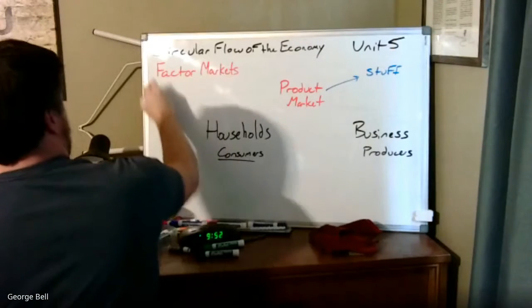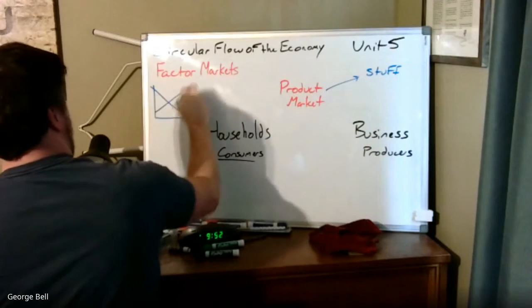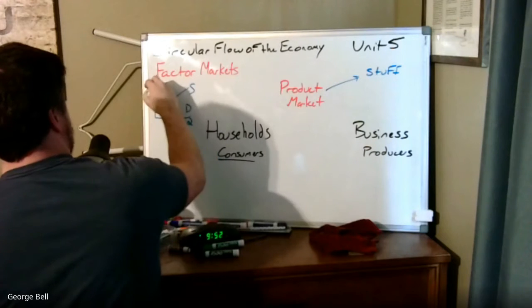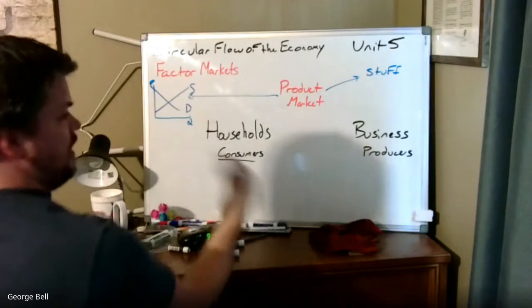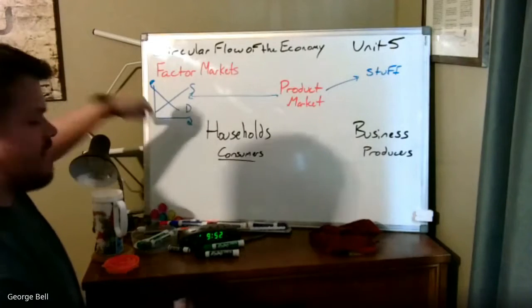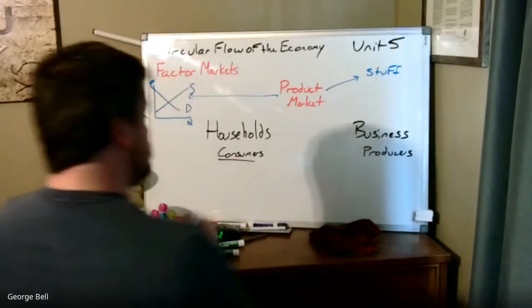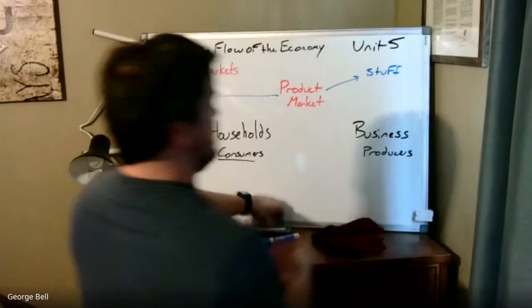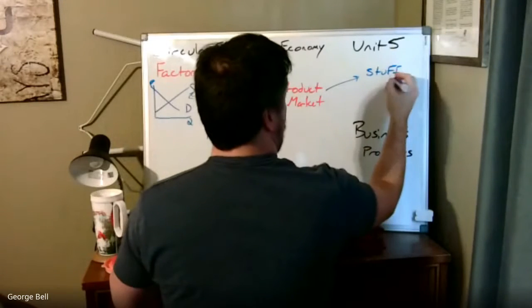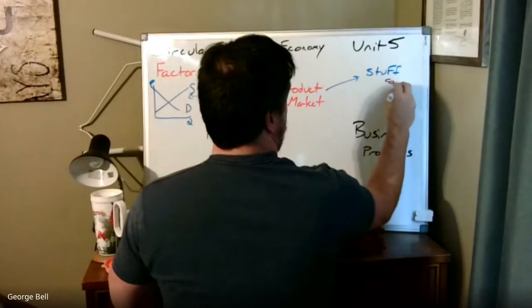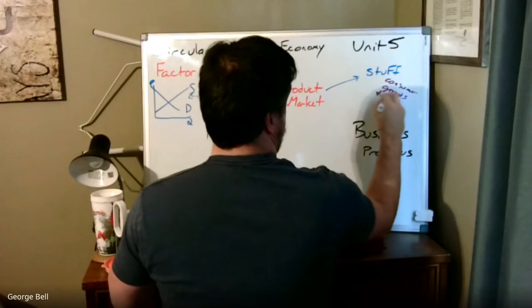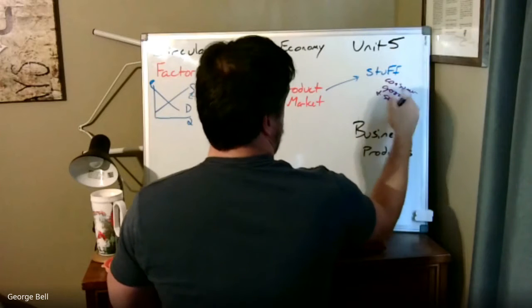If you recall, it was just a simple graph that looks like so: supply, demand, price, quantity. This is a product market. We did this graph a great many times. Stuff, of course, we can't really say. We have to make sure we know that stuff would be what we call consumer goods and services. That is your technical definition.